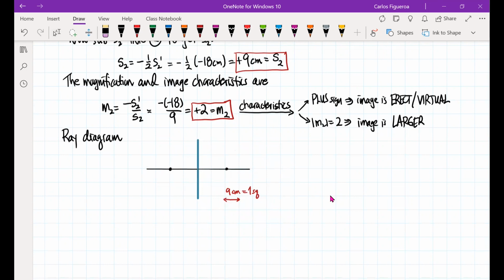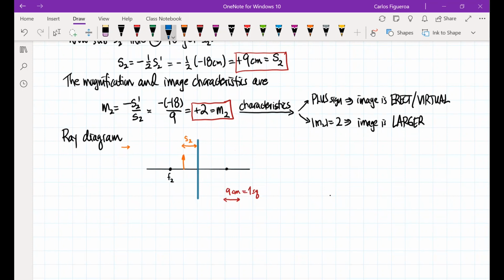The reason why is the focal length is 18. So this is F1. Now remember, the light is coming in this direction. My object is located at 9, so I'm going to draw it right here. So this distance from here to here is now S2. And note that I called that F1, it should be F2.